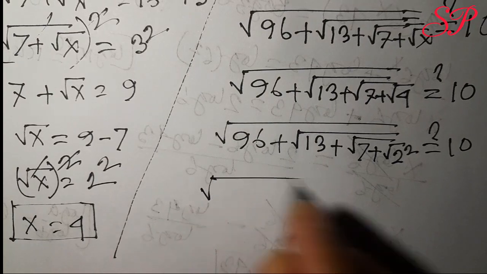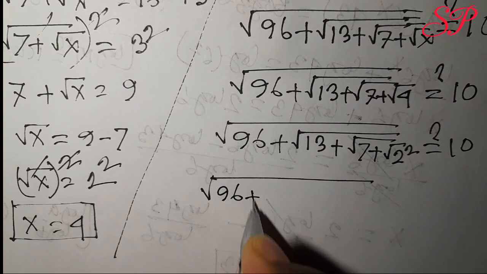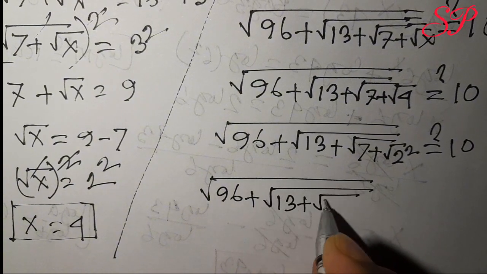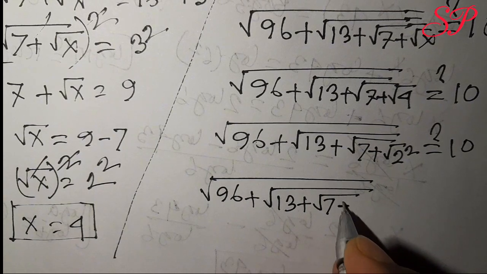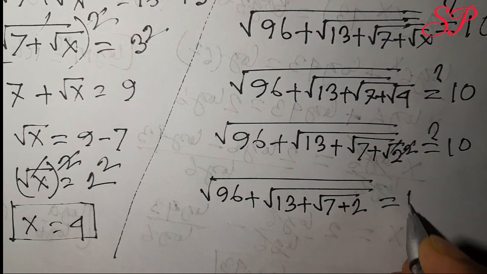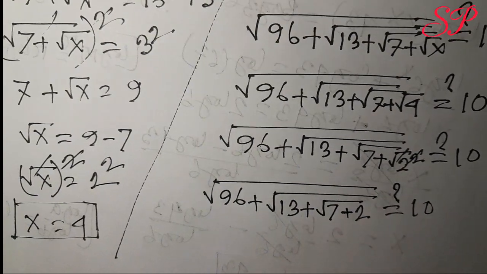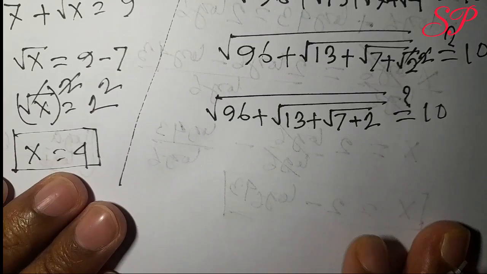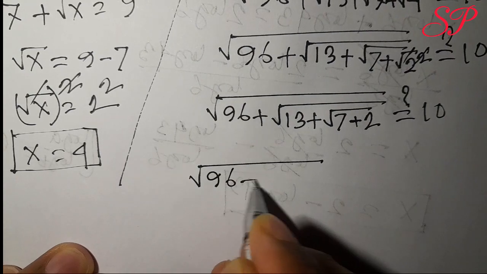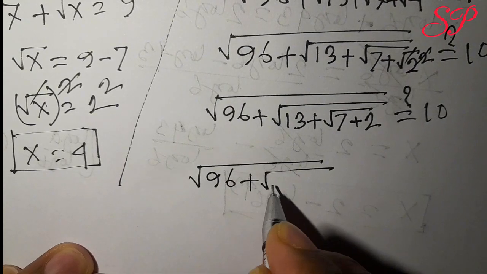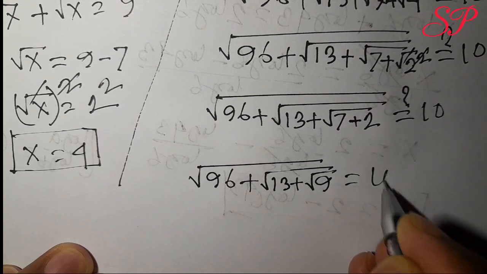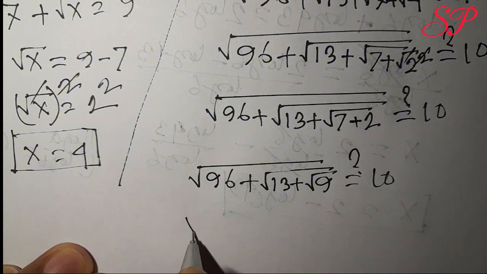Okay, then we can write 96 plus root 13 plus root 7 plus 2 is equal to 10. Then we can write 96 plus root 13 plus root 9 is equal to 10.